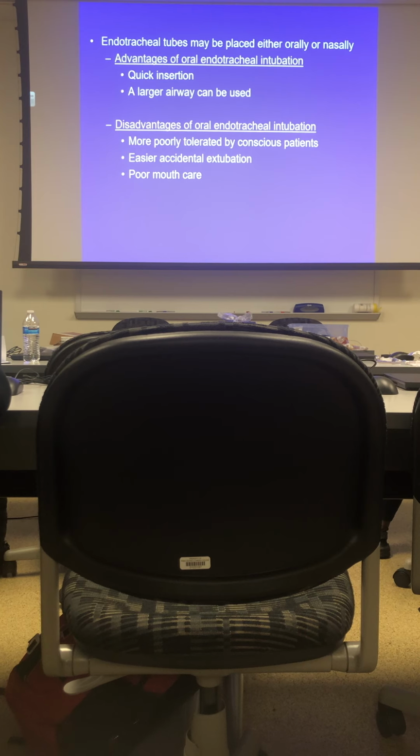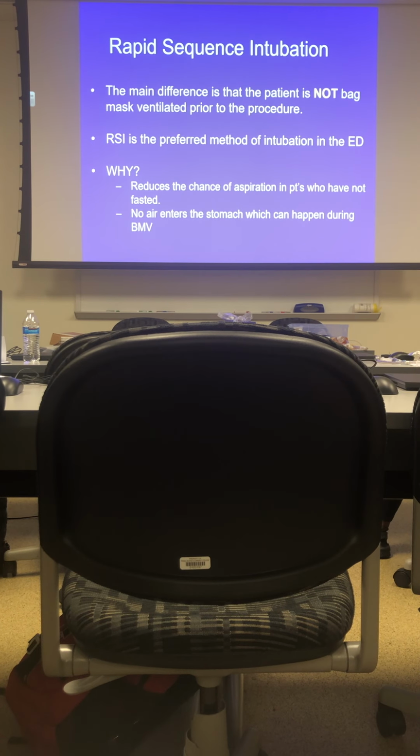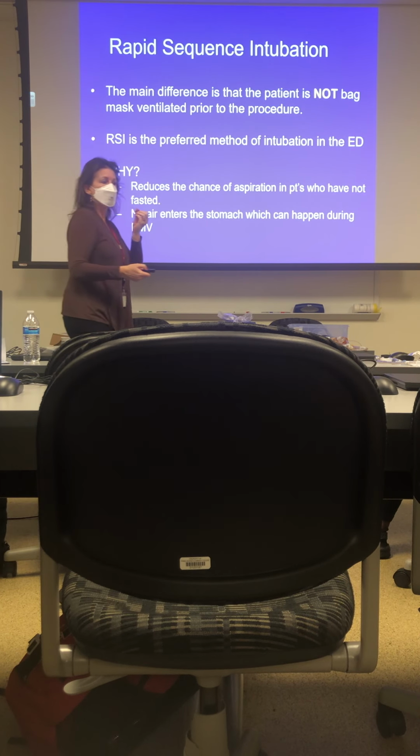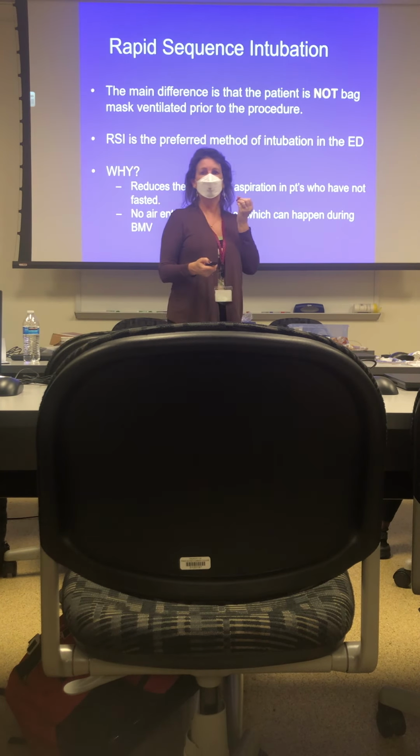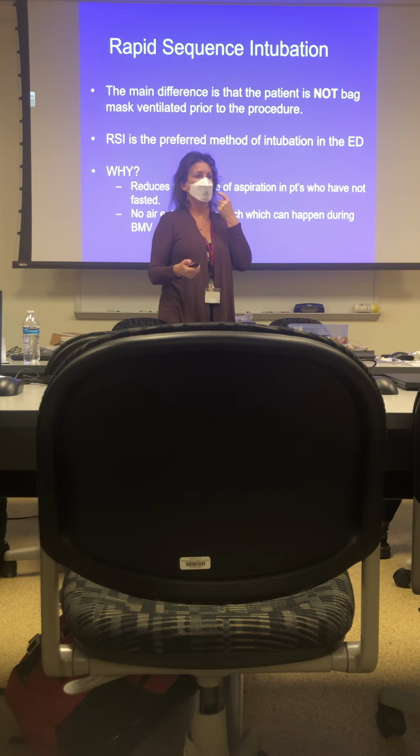All right, we talked about the advantages and disadvantages, like poor mouth care if you have an oral intubation. If you're orally intubated, it's easy for the patient to tongue out a tube or to bite a tube, right? They can gnaw on the tube. If they're gnawing on a tube, what do you think we would put in their airway so they stop gnawing on that tube?